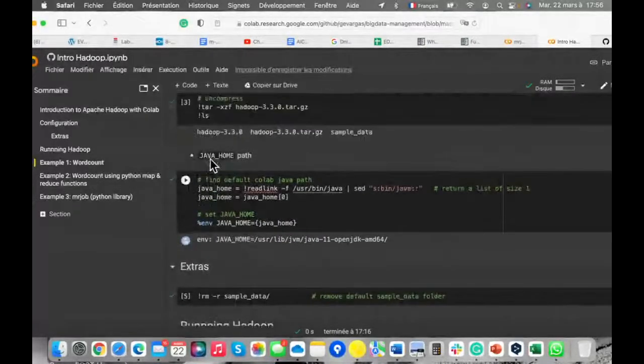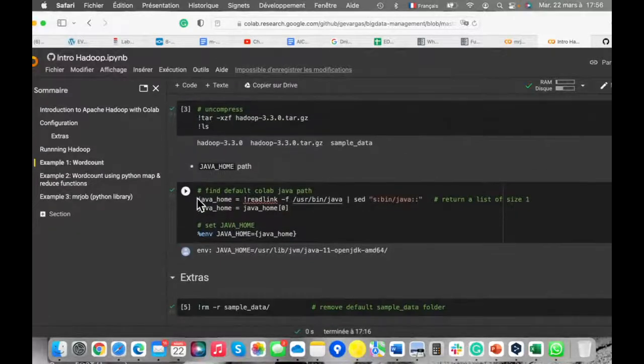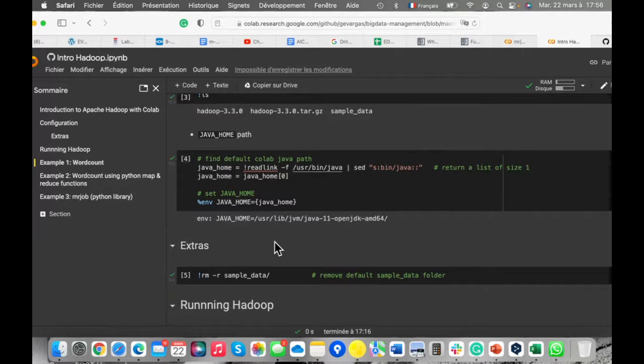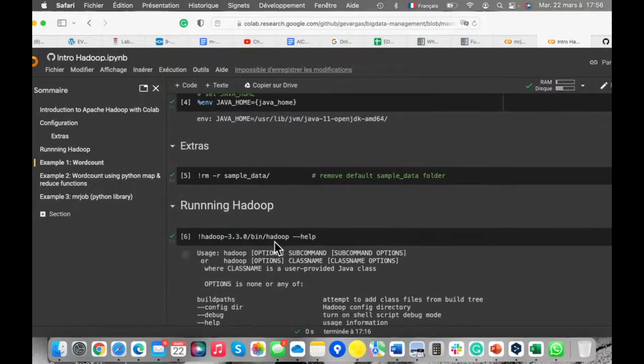So we installed, and then we configured the Java home to make sure that we could use the examples written in Java in order to test the engine. Okay, I see.